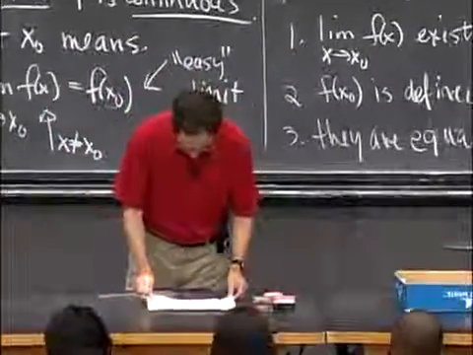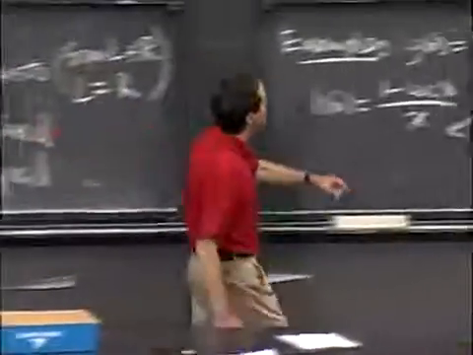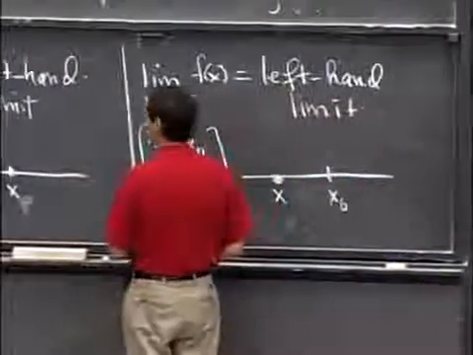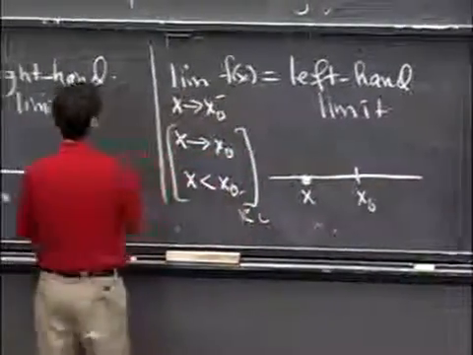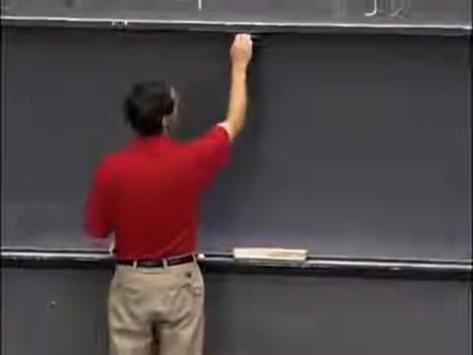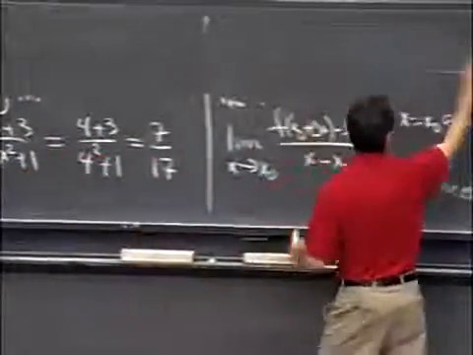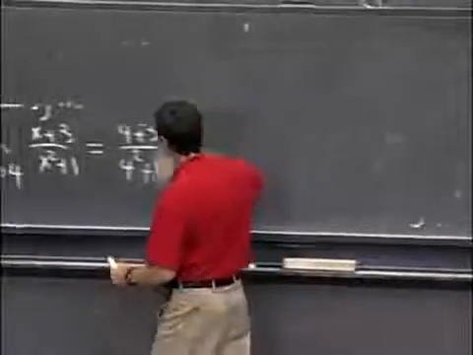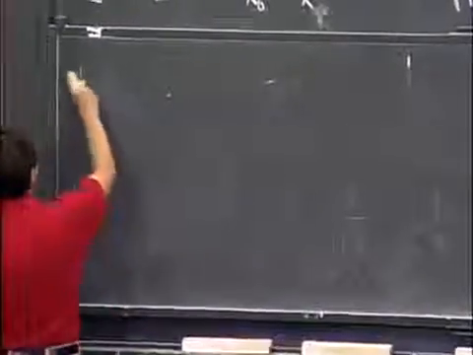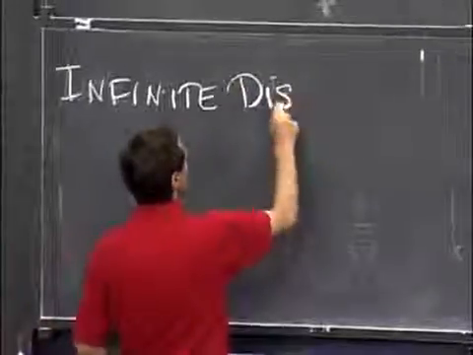All right, so let me just continue my tour of the zoo of discontinuities. And I guess I want to illustrate something with the convenience of right and left-hand limits. So I'll save this board about right and left-hand limits. So a third type of discontinuity is what's known as an infinite discontinuity.